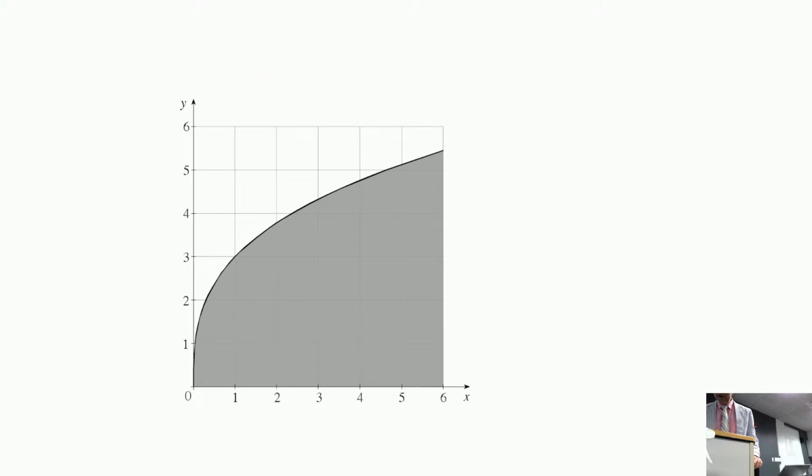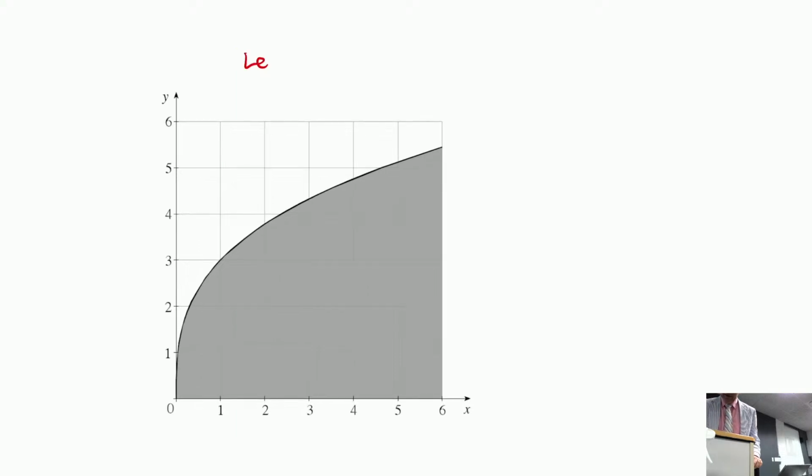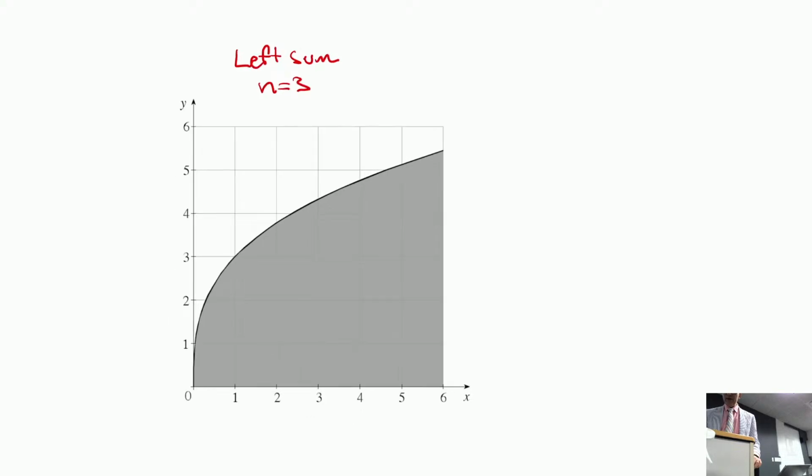And then the next one you can probably guess is going to be a left sum where n equals 6. I'm skipping 4 and 5 because I don't want to deal with them. So draw as best you can a left sum where n equals 3, and another one where n equals 6, and we're going to find the area approximation of this thing.